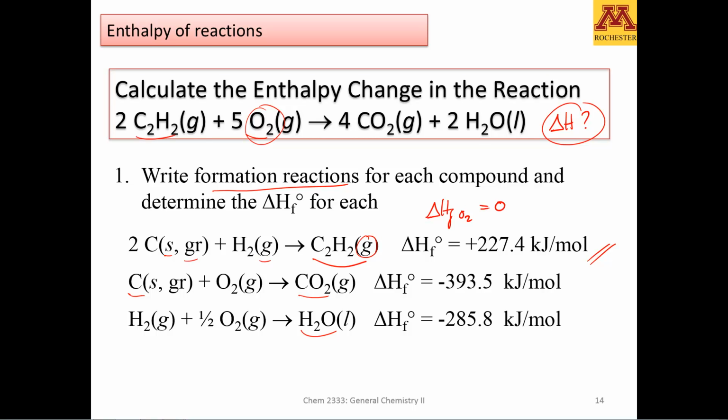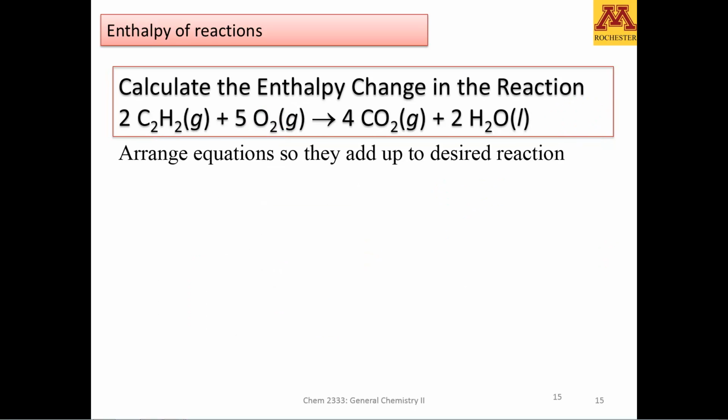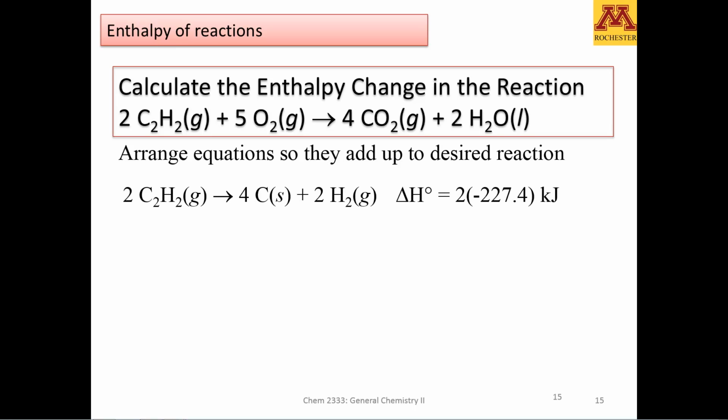So now that we have all these energies that connect the roof with, I will keep using this metaphor, hopefully it's useful, the standard state of the elements with the molecules, let's see if we can combine these reactions to finally find the change in enthalpy of this reaction. So let's arrange them. We want acetylene on the left.